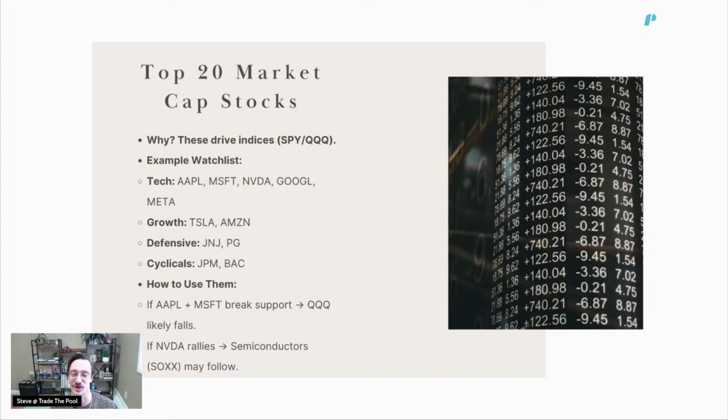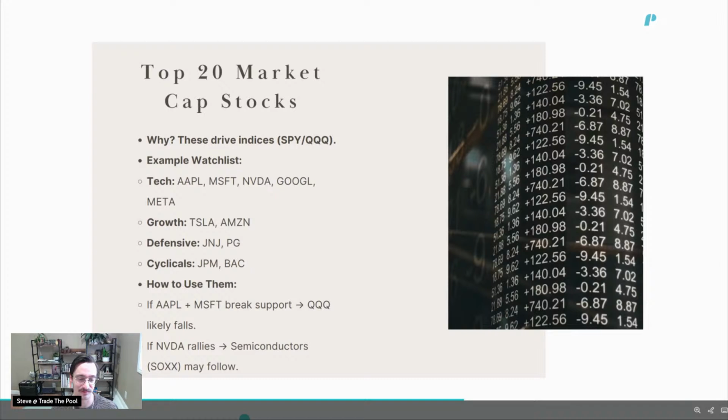We care about the ones that are weighted at like 8%, 5%, 3%, anything over 1% is worth having in your sphere of awareness. Because as we saw with Dow, for example, today, UNH is down 20%, and that hurt Dow. That's 8% of the index, the Dow Jones there. So just something to consider there.